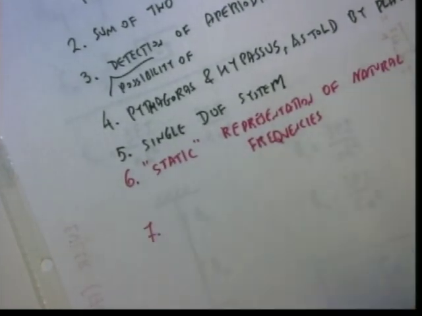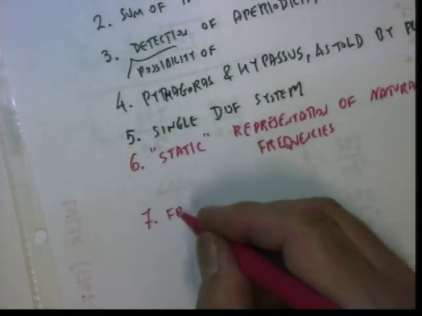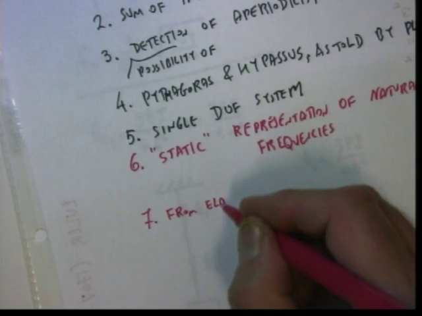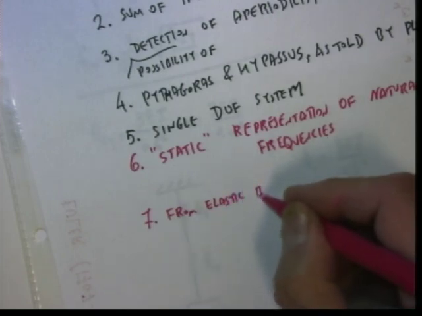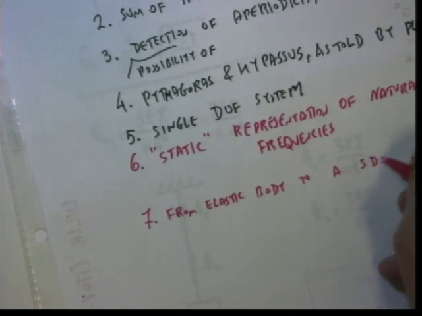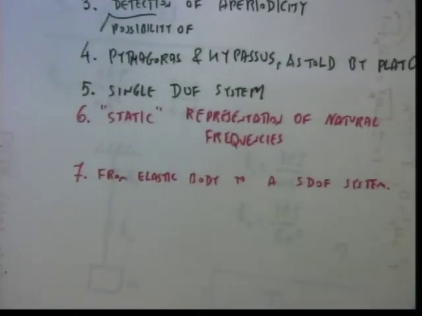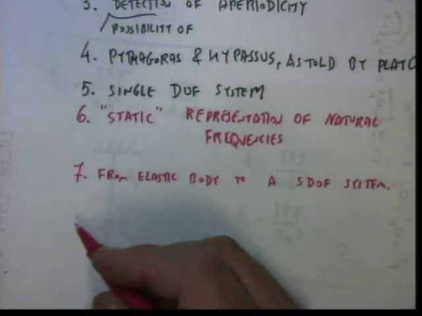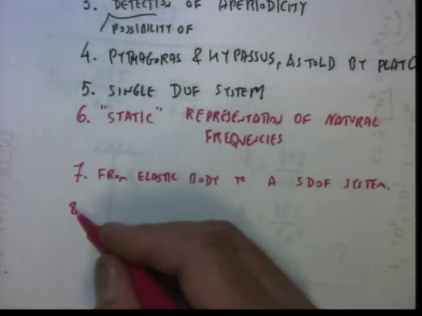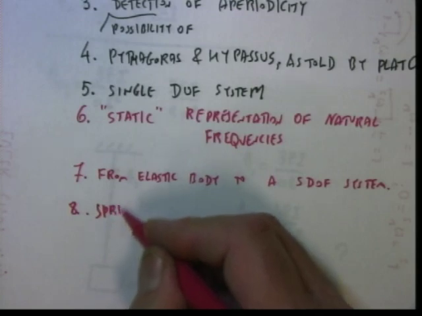Then 7, from elastic body, that is this example, to a single degree of freedom system. Then 8, now that will be springs in series.